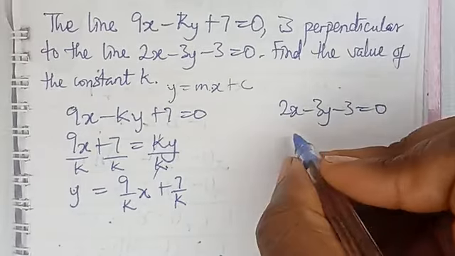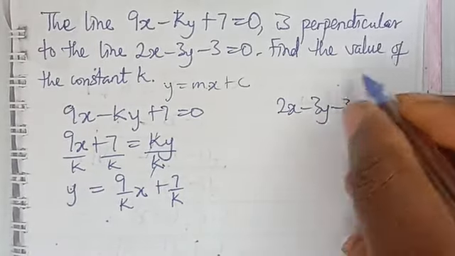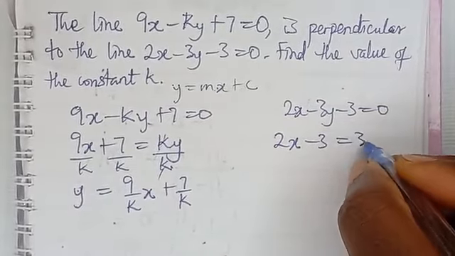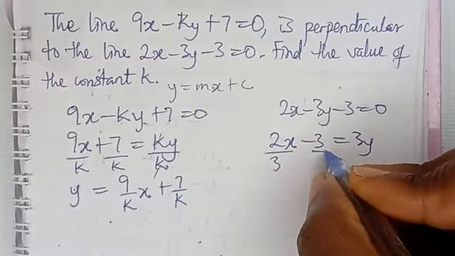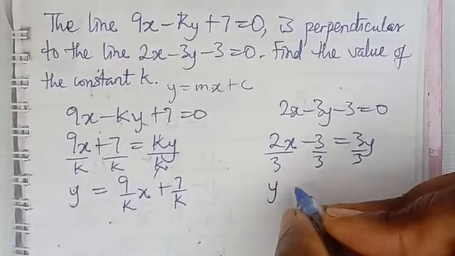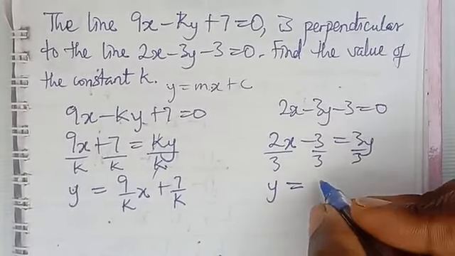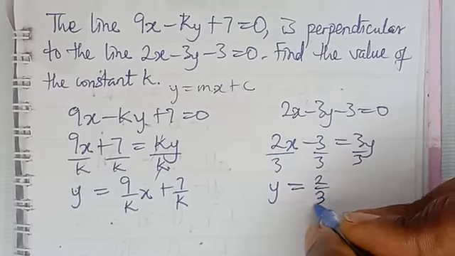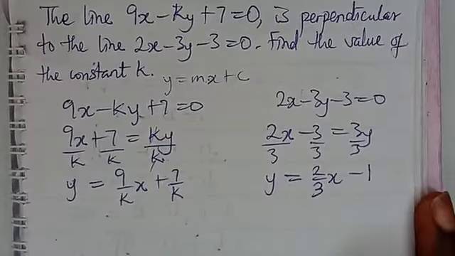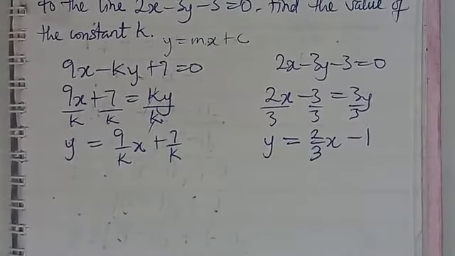Now let's do the same thing to this. Since this is negative, we send it across. We have 2x minus 3 is equal to 3y. We divide everything by 3. We are going to have, let's have y first. Y is equal to 2 over 3x minus 1. So we have had it in this form.